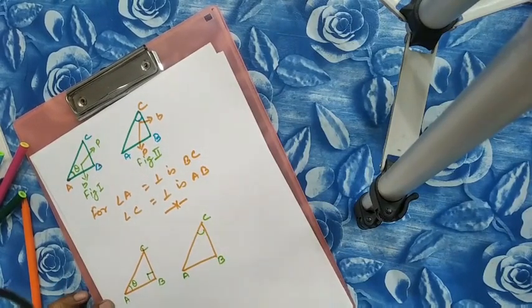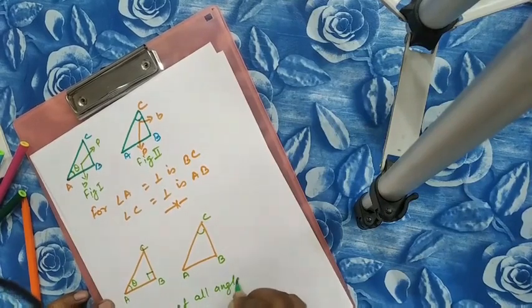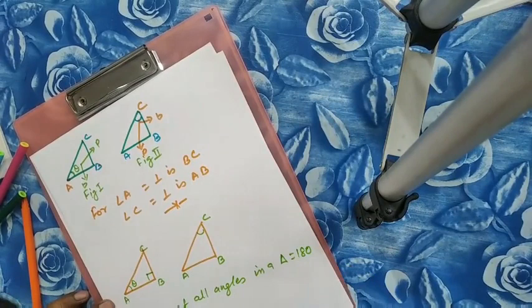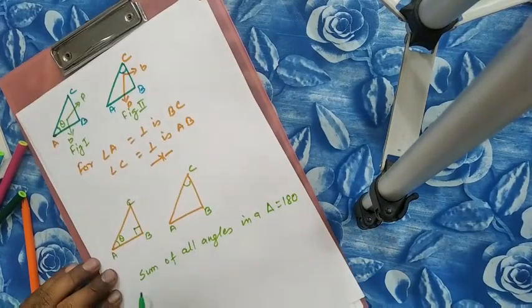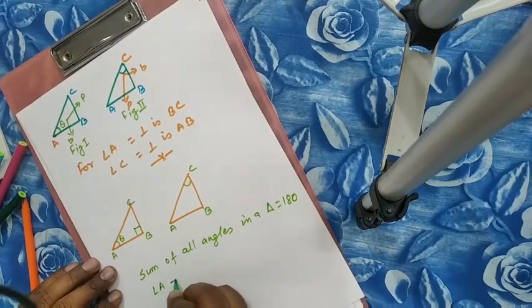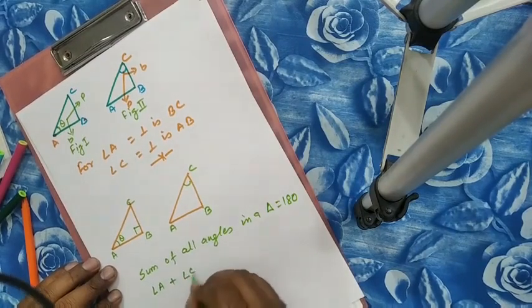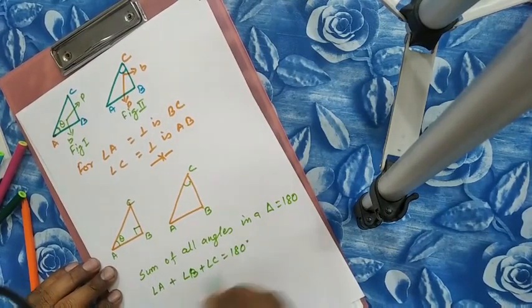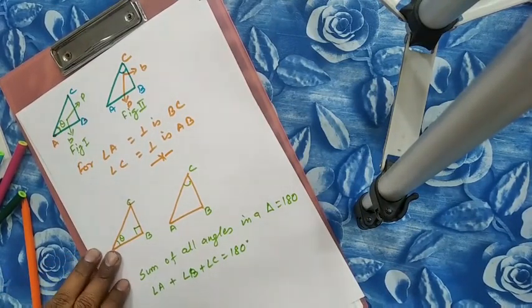As we have studied about the sum of angles in a triangle, the sum of all angles in a triangle is equal to 180 degrees. We have considered angle A as theta, so angle A plus angle B plus angle C is equal to 180 degrees.